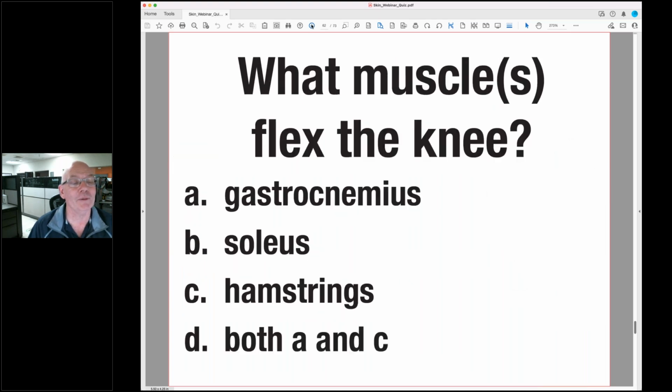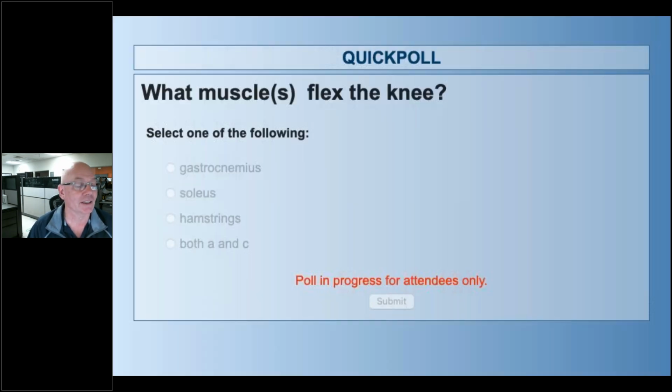Okay. What muscles flex the knee? So if you were paying attention, you would already have the answer here. Is it gastrocnemius, soleus, hamstrings, or both gastrocnemius and hamstrings?